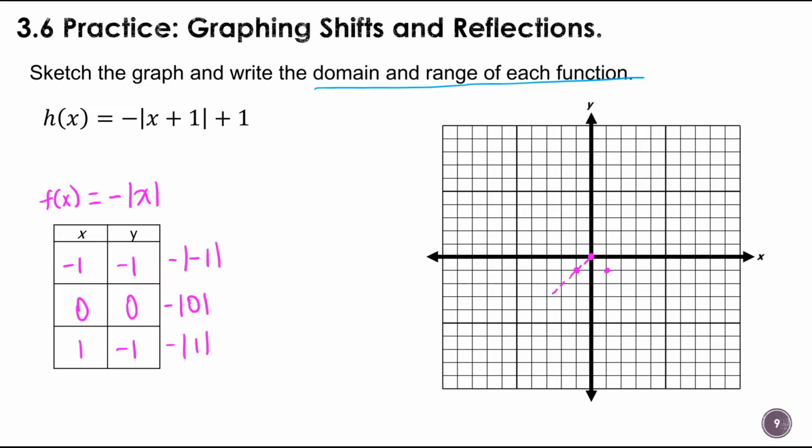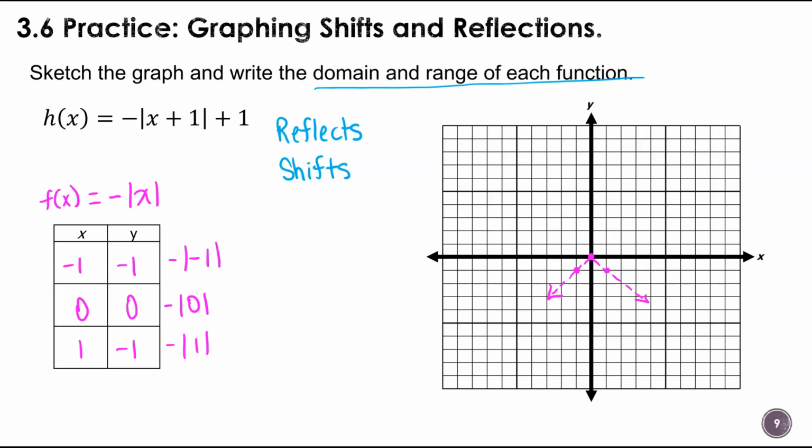What's going to happen to this other graph? Okay. So when we look at the h function, right, h of x equals negative absolute value of x plus 1, plus 1, we have more shifting going on here. So we've already reflected, right, there's a reflection, so it reflects, and then it shifts a couple of ways, right?